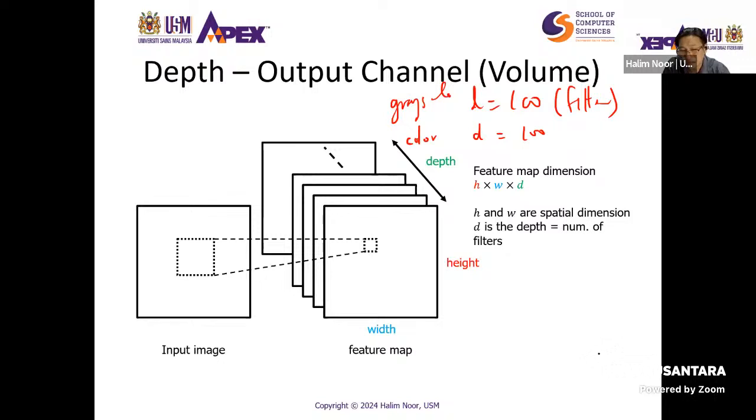Then you have 100 feature maps, times 3, so you have 300 filters, although the number of feature maps is still 100. So if you're dealing with a color image, the computational requirement is basically times 3 for one convolution layer. That is the last parameter of the convolutional layer.